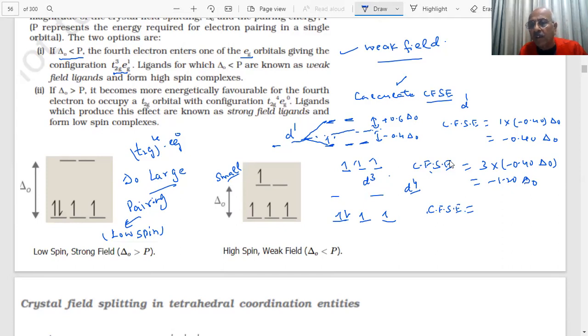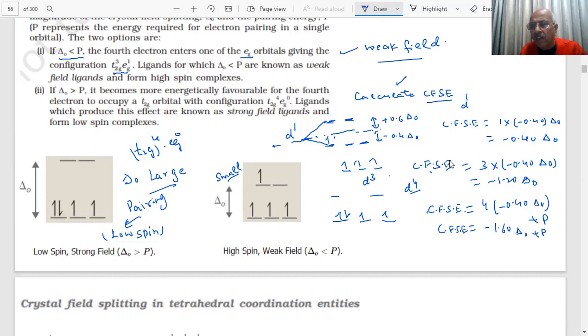One, two, three, four electrons. Minus 0.40 delta O, but students, the pairing energy also you have to take into consideration, plus the pairing energy. And this becomes minus 1.60 delta O plus pairing energy.